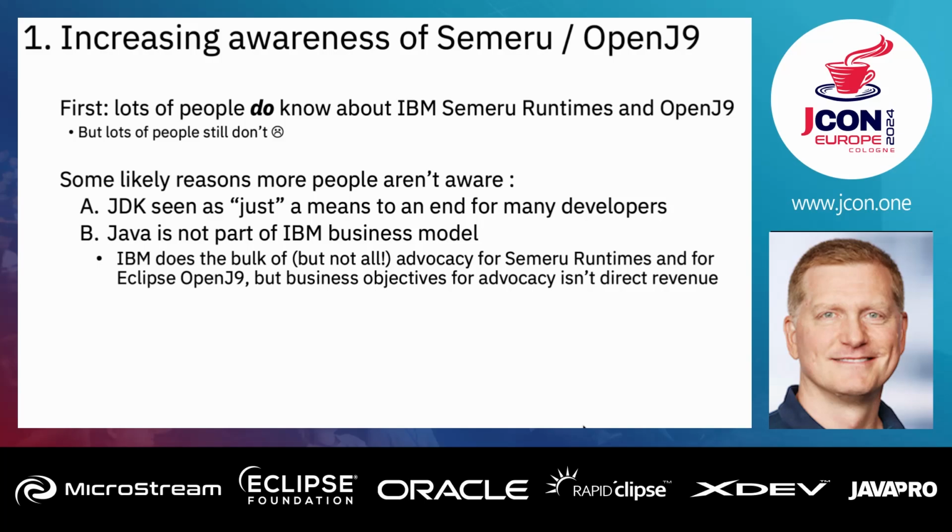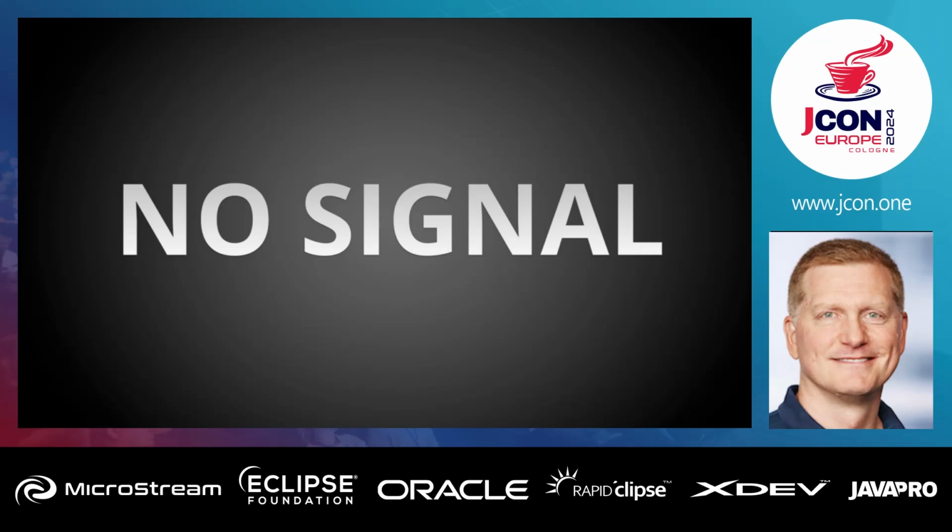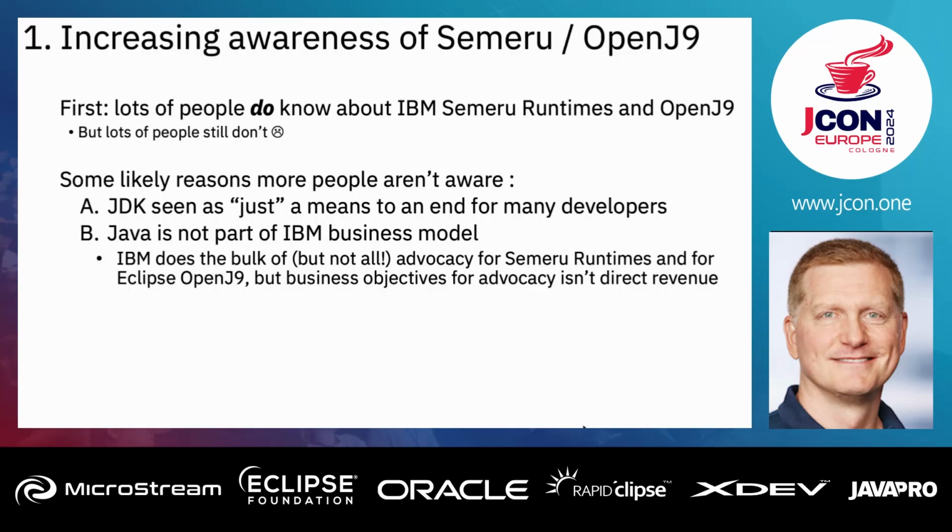We have an IBM software business that is based on Java, and we build Semeru Runtimes so that we have a way of supporting that business very efficiently and effectively with a local team, and to invest in things that our business wants, even though they may not be the things that the entire Java ecosystem wants or that the entire Java JVM community wants.